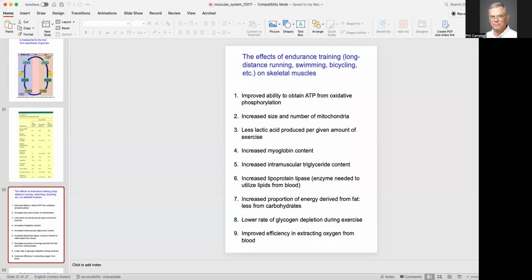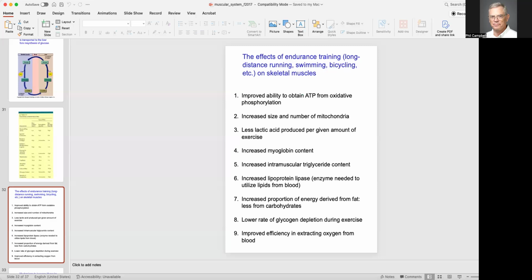Okay. So we'll use long distance and what's happening when you're training to be a marathon runner. What's changing about you? That's your question. So basically, a number of things happen. Number one, because of the manner in which you're training yourself, you're going to have improved energy production via oxidative phosphorylation.